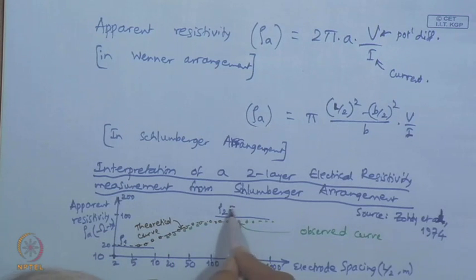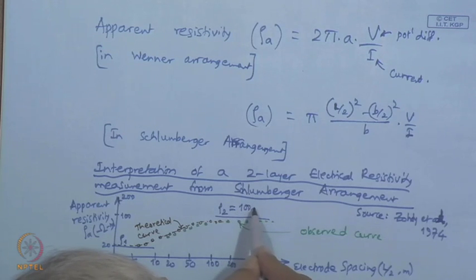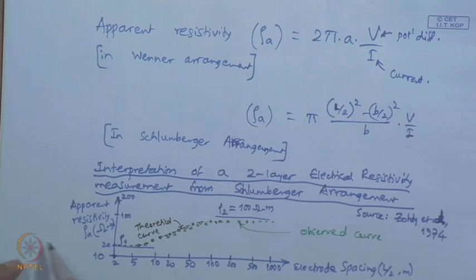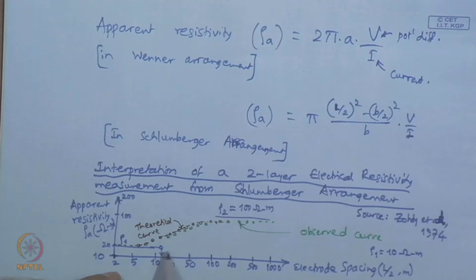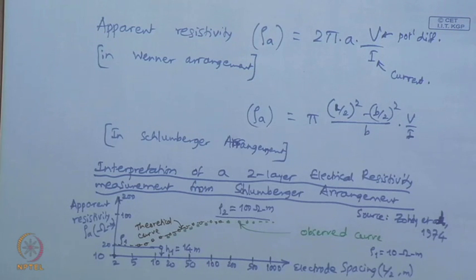This rho 2 is 100 ohm meter, and this rho 1 is 10 ohm meter. Here we have this H 1 is 14 meter, and basically this H 1 is the depth of the Sandy aquifer.